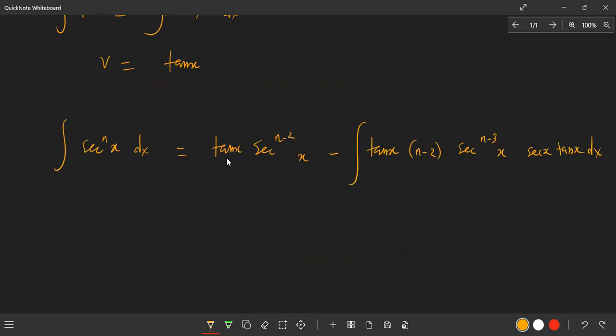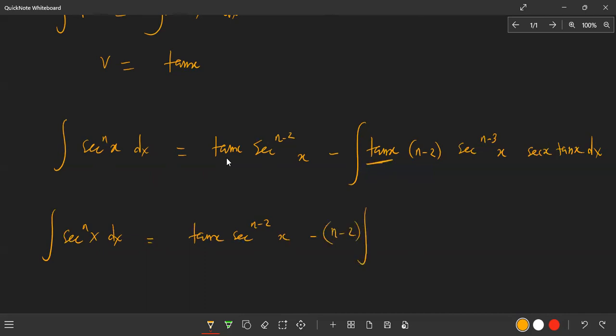Now just like before, we need to pull out what is not a function of x here. In short, we need to pull out what is a constant. Notice that n minus 2 is just a constant there. So the integral of sec^n x dx is equal to tan x sec^(n-2) x minus, and we put the constant n minus 2.